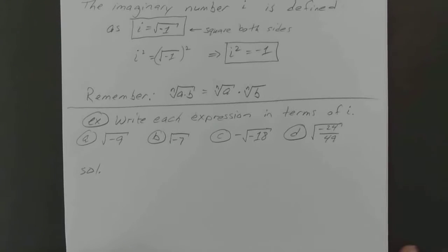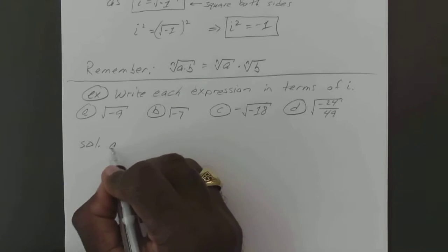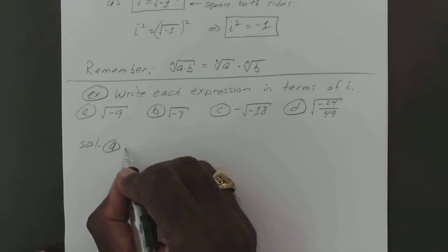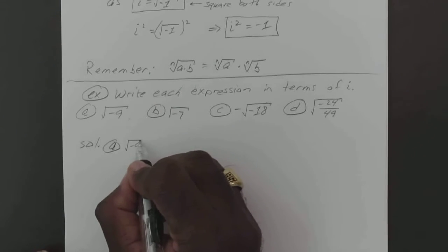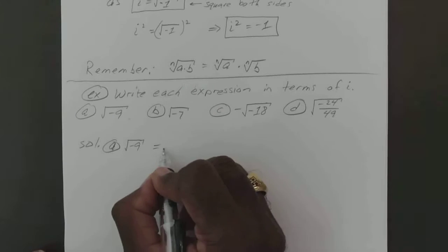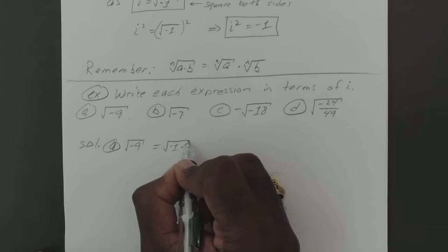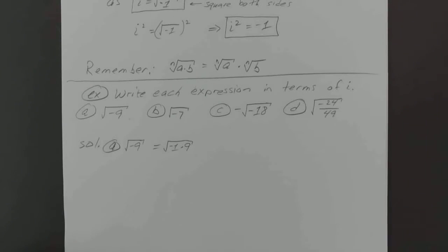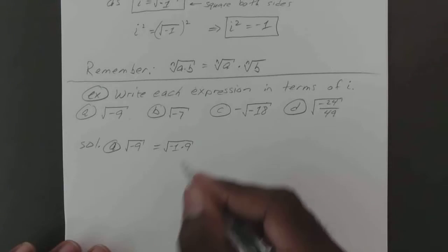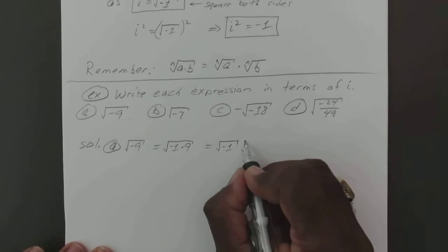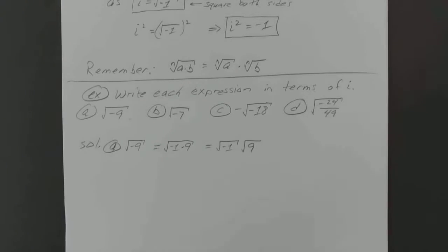Okay. So for problem A, if you have the square root of -9, you can make that the square root of -1 times 9. And of course, you can just separate it when you're multiplying. So that's the square root of -1 times the square root of 9.